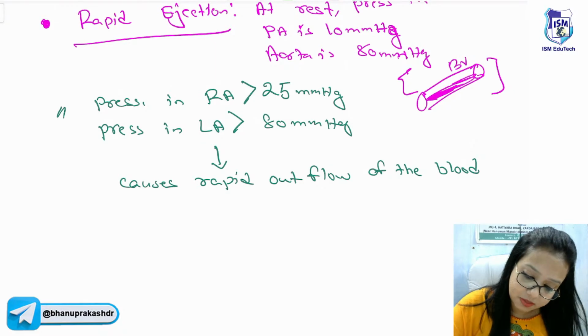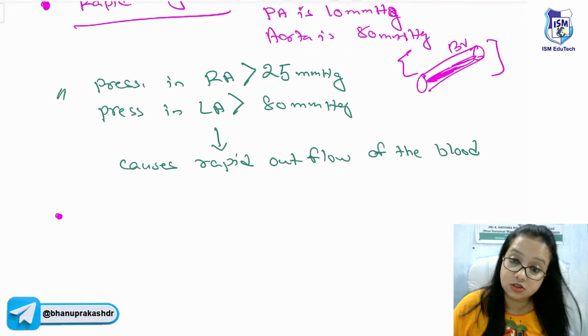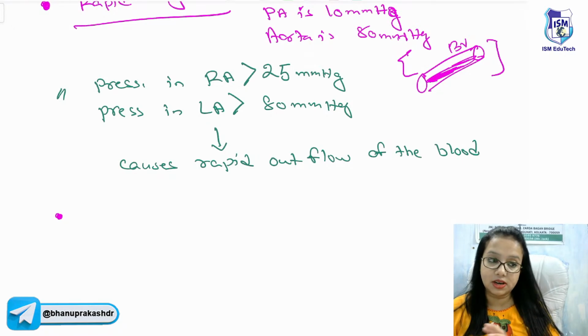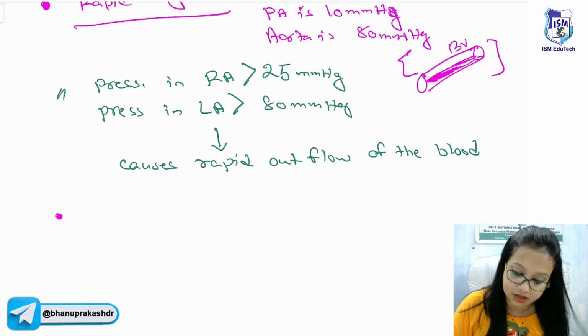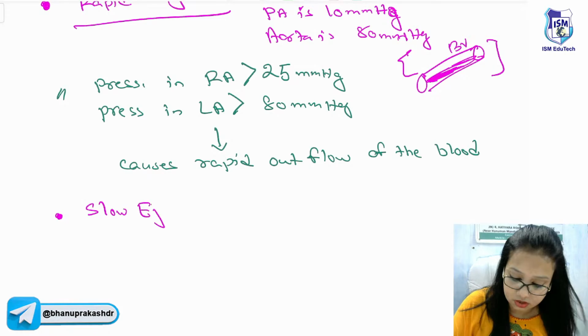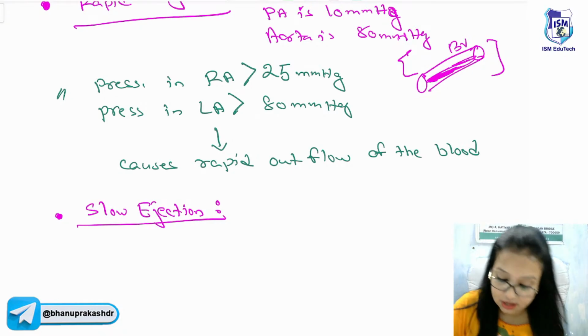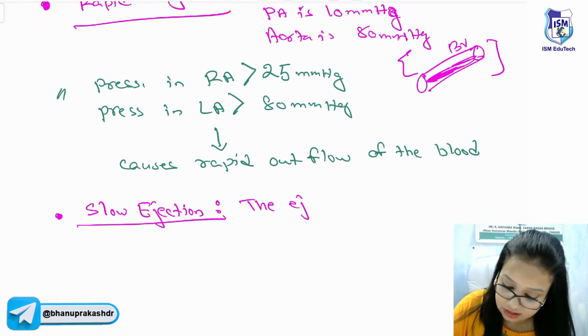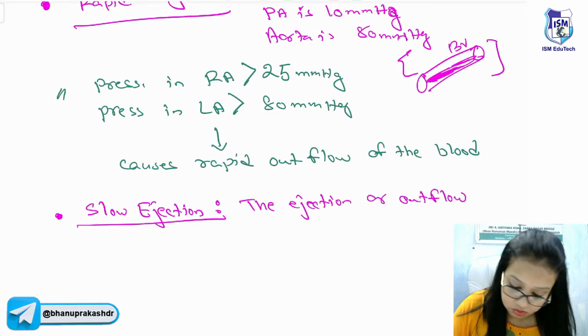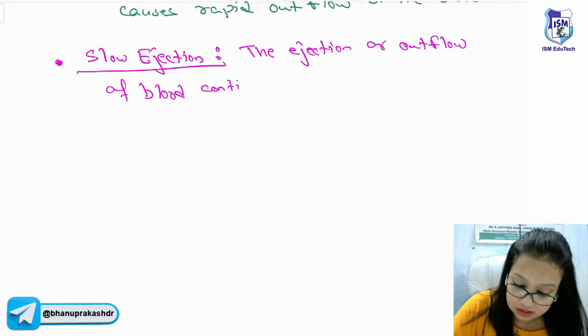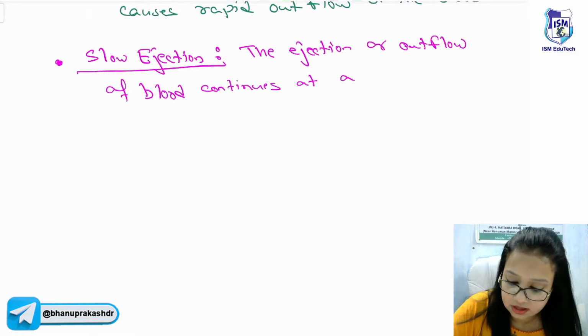So, after rapid ejection, just like the filling stage also, after most of the blood gets ejected out, some blood gets ejected out slowly, which is slow ejection. Now here the ejection or outflow of blood continues at a slower rate.